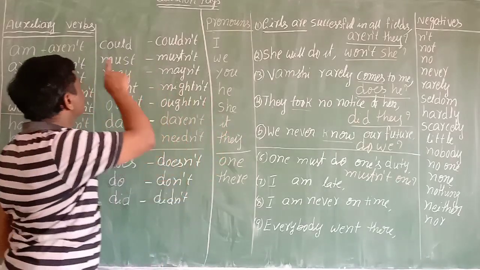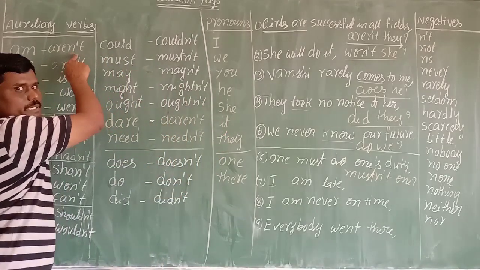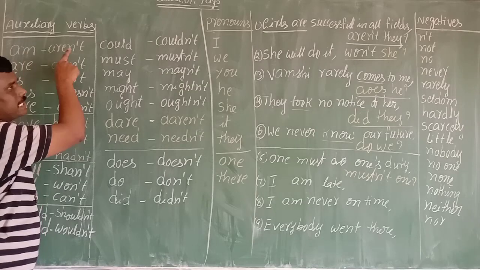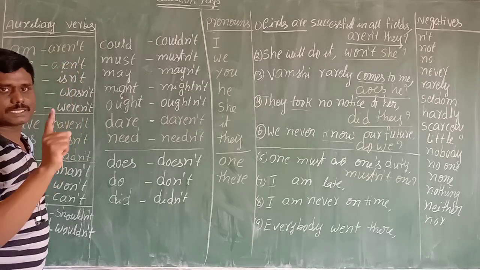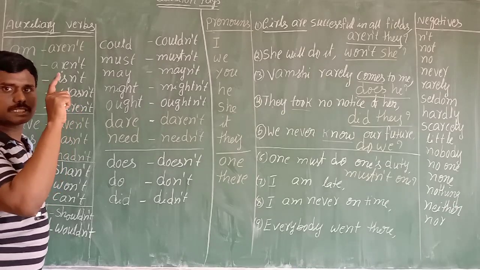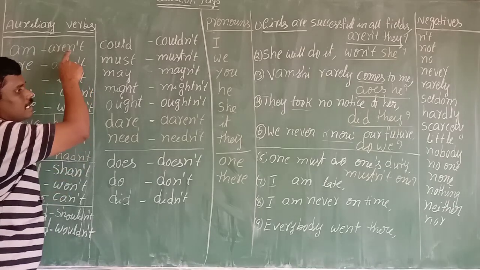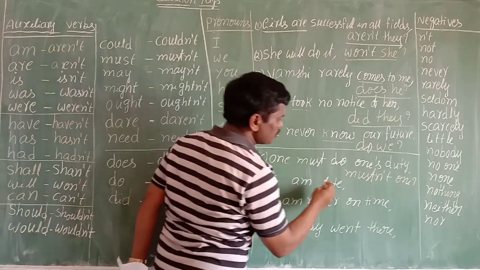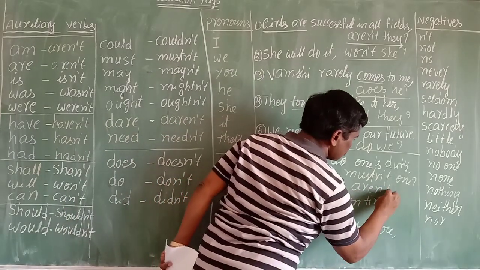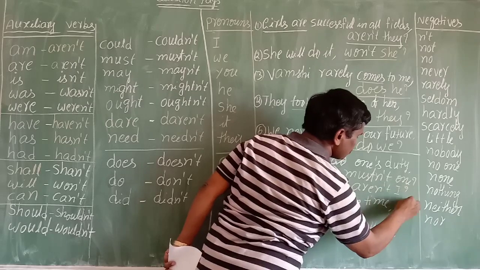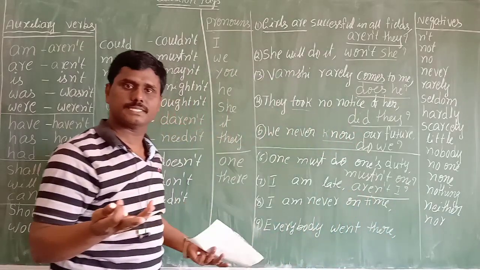That means we have to write the contraction. Be careful: am's contraction is aren't, not amn't. Am not is equal to aren't. So, I am late, aren't I. The pronoun is I, so we write I. Aren't I. It is very easy.